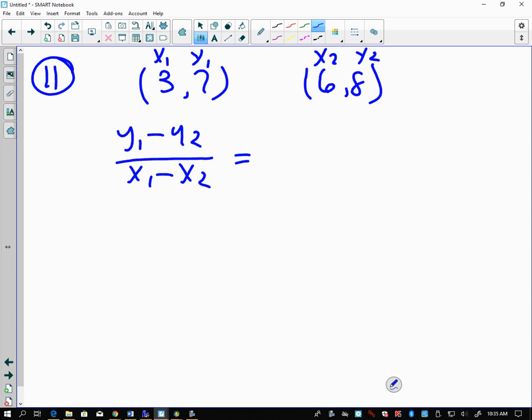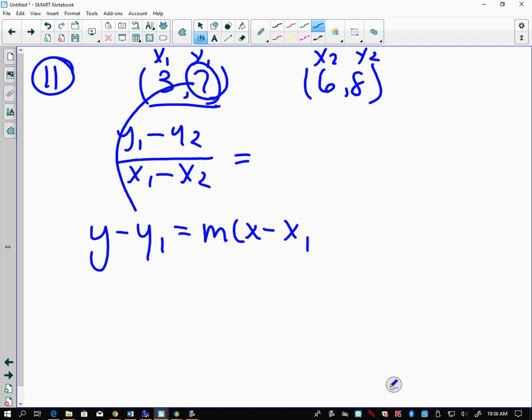Once I have a slope, I can do y minus y1 equals m times x minus x1. I can use these coordinates here for this 7. It's going to go here. This 3 is going to go there. No, it's y minus y1.